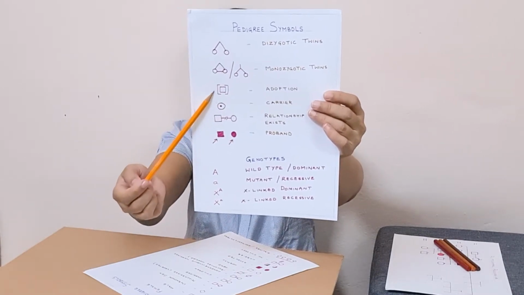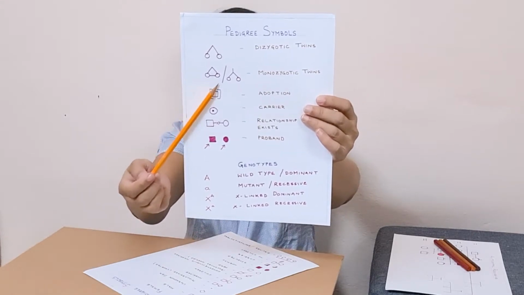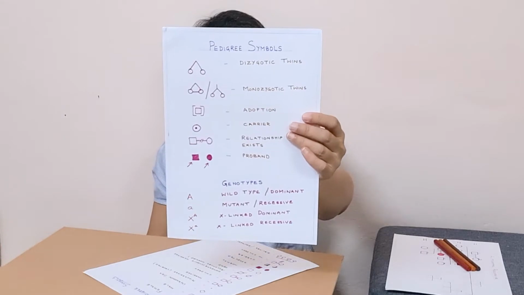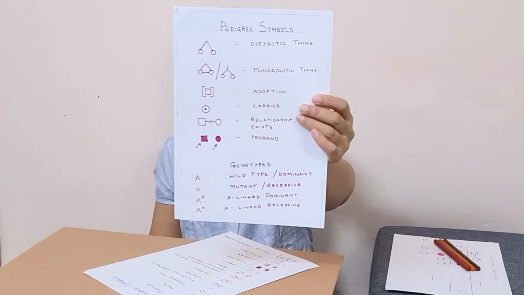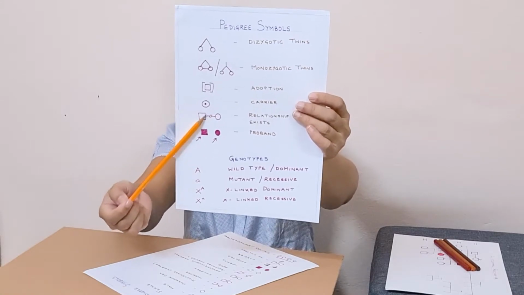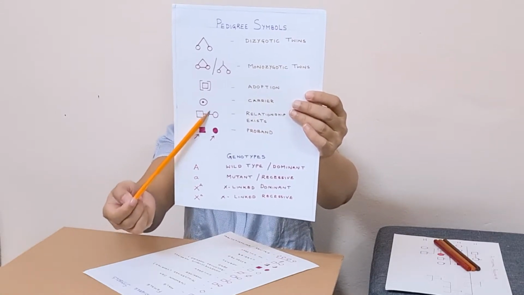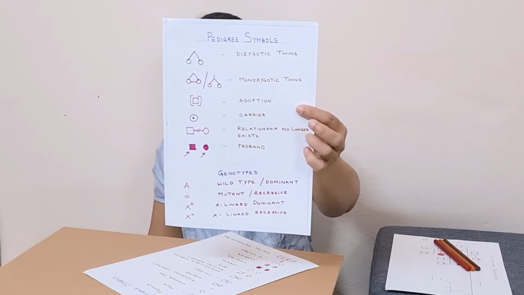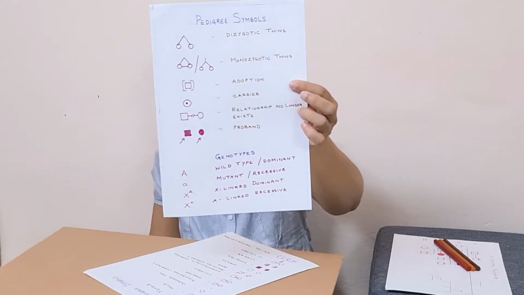And this is adoption. Square bracket around the child represents an adoption, and two lines in between the male and the female, cutting the horizontal line connecting them, means the relationship of marriage no longer exists. They are no longer in the relationship.